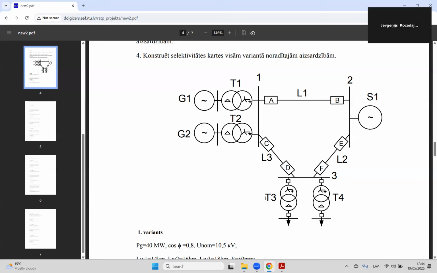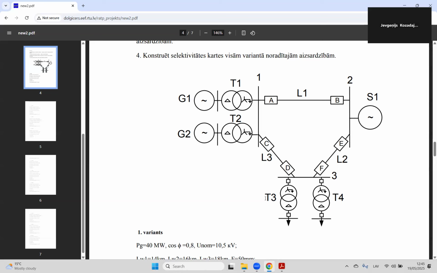Now, this is the logic of distance protection operation. But as we understand, to calculate the impedance, we need to know voltage and current. And this is complicated for detection, because of the calculation, not because of the physics. Voltage is different in bus 1 and bus 2.